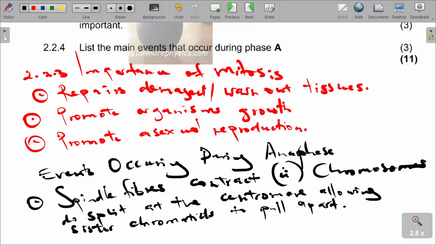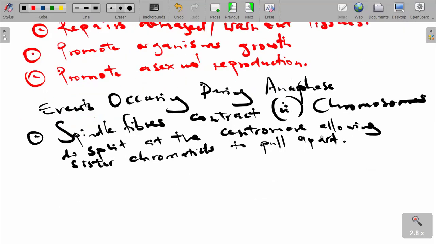So when the spindle fibers contract, the chromosomes split at the centromere, and that allows the sister chromatids to pull apart.